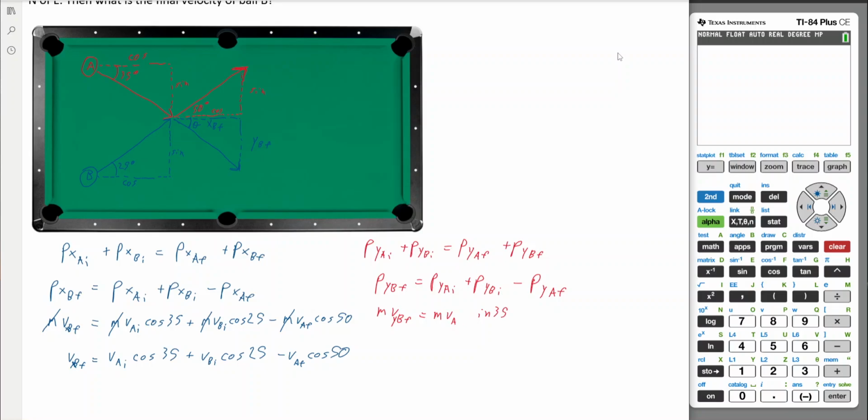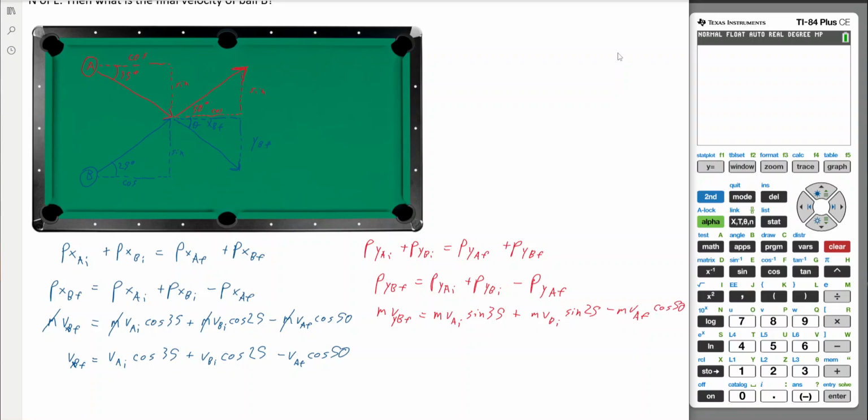Oh no, this will not have the y. This won't need the y, because we already are doing the sine. So that's what's getting us the y. So sine 35 plus MVBI sine 25 minus MVAF cos 50.